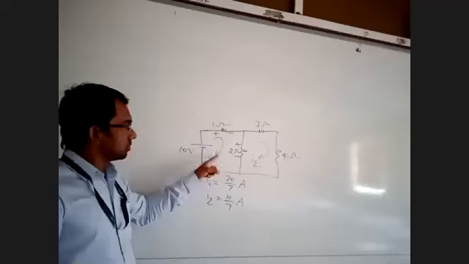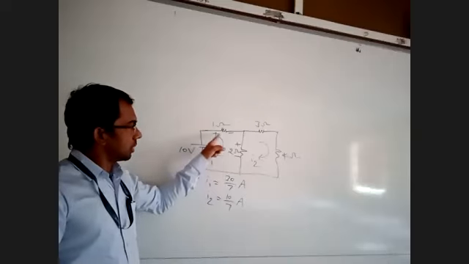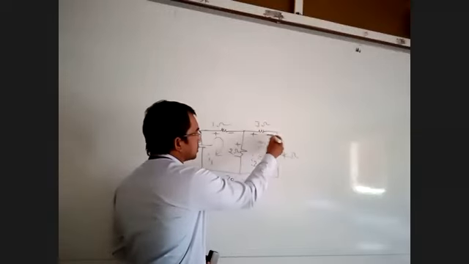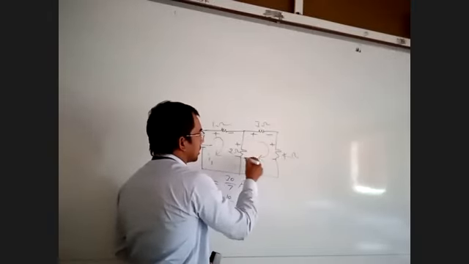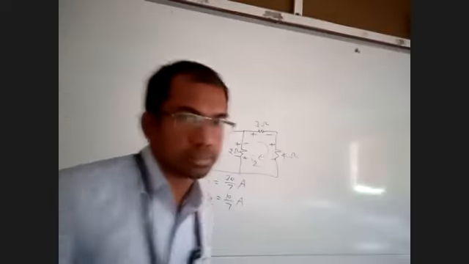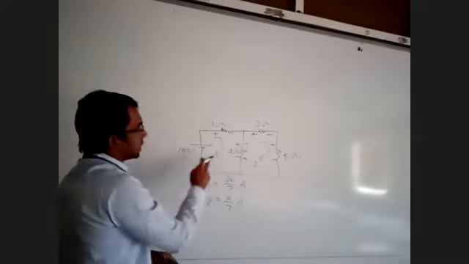In the first loop, in the direction of current I1, I make plus and minus. Similarly, in the second loop, in the direction of current, I make plus and minus. Is it clear? Yes, sir. Okay, so we have written the loop equation.